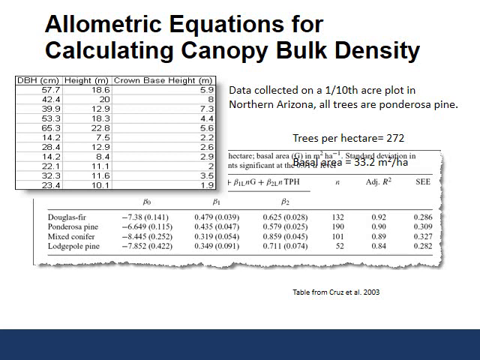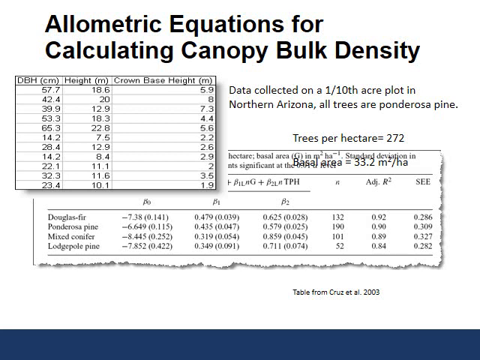Another method is to use allometric equations like we discussed last lecture. In the method we just discussed, we calculated the available canopy fuel loading, then the canopy bulk density. We could, however, use allometric equations to directly calculate the canopy bulk density. For this example, we will use the equations developed by Cruz et al. 2003.